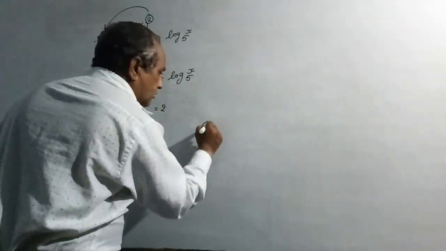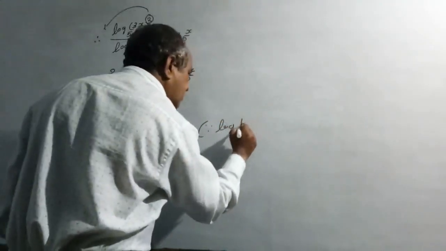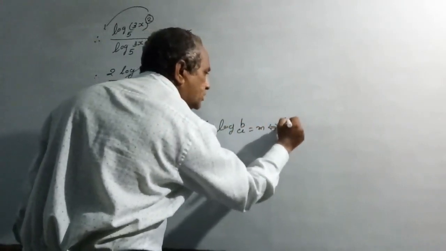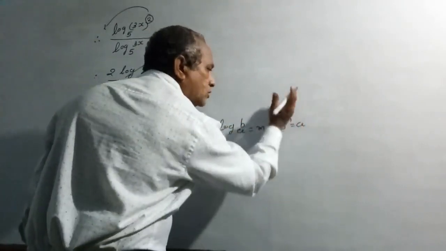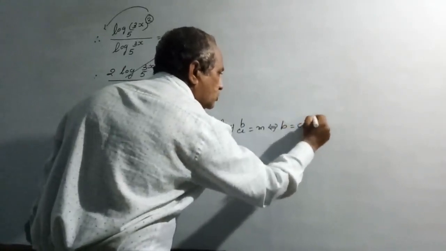Our formula: log b base a is equal to m, that is equal to b is equal to a raised to m.